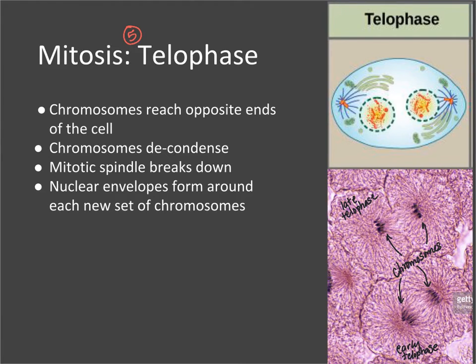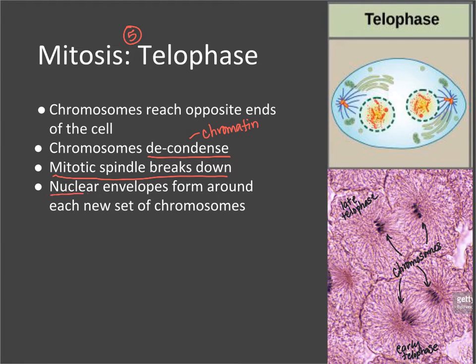Towards the end of telophase, those chromosomes are going to start to decondense, going back to the form known as chromatin, so they're less visible and less organized. The mitotic spindle is also going to start to break down because it's done its job. It's separated the chromatids into two new nuclei, so we don't need it anymore.